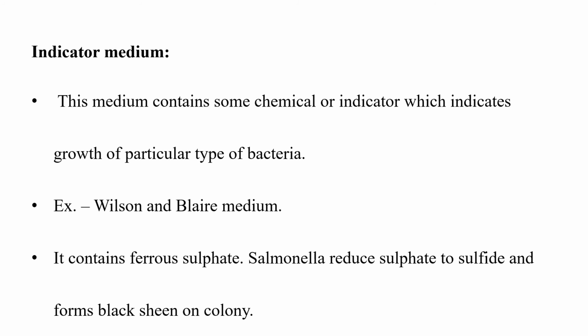Now this Wilson and Blair medium consists of ferrous sulfate. Species of Salmonella have a tendency to reduce sulfate to sulfide, and therefore they can produce a black shine on the colonies. So black color colonies will indicate the growth of Salmonella.